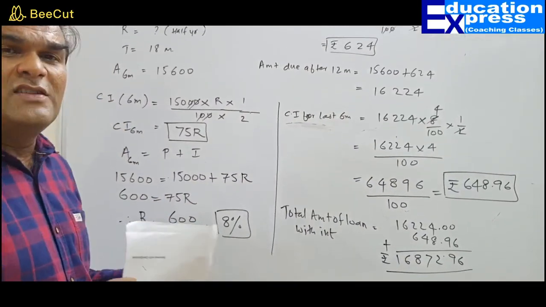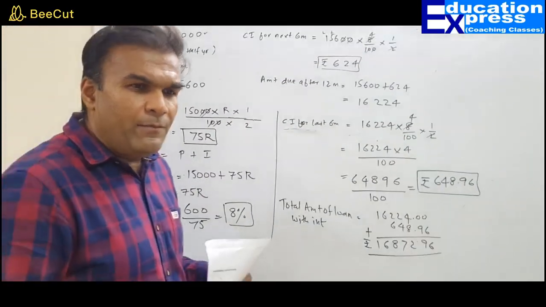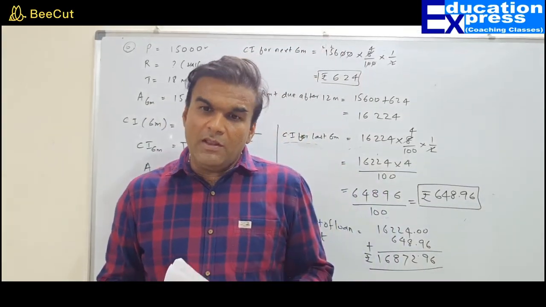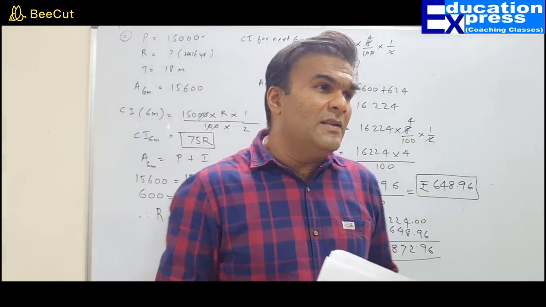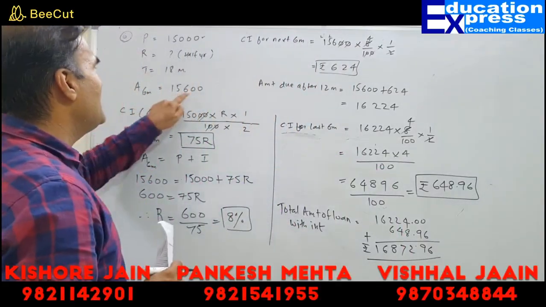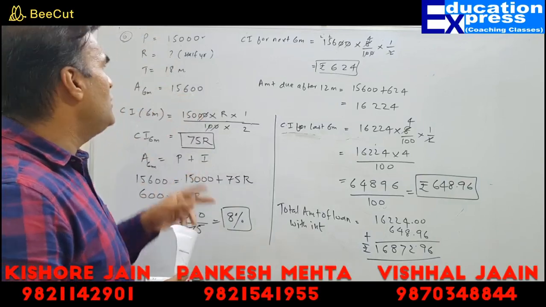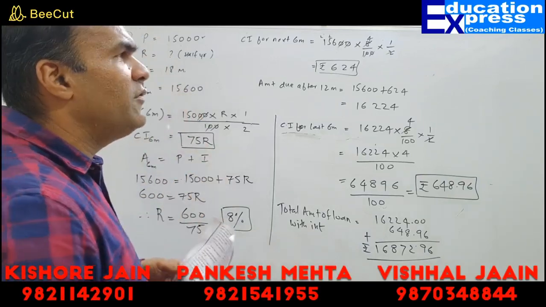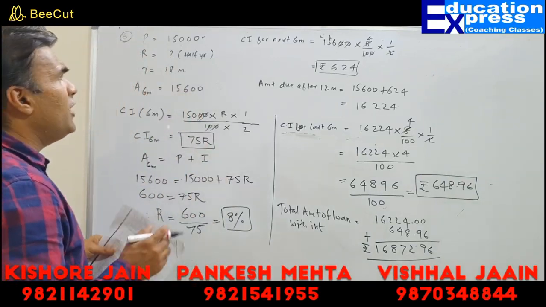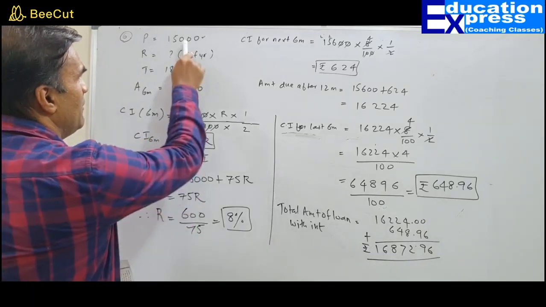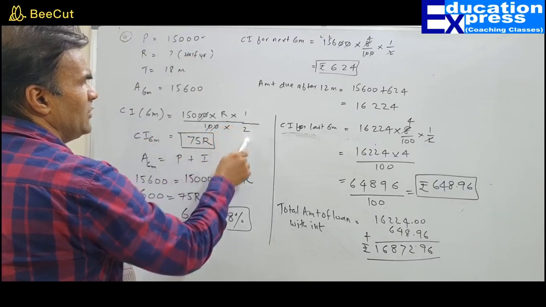My dear friends, we are doing almost all the sums. Most of the sums are of the same type. I borrowed a money. I don't know at what rate I borrowed. But they gave me that at the end of 6 months, it will amount to 15,600. Since 15,000 will become 15,600, so I knew that the interest is 600 rupees. But I wanted to know the rate of interest. So I am saying interest of first 6 months would be principal into rate into time.